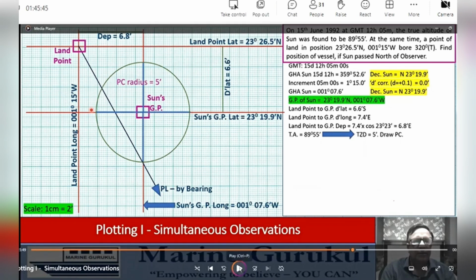Yes, understood. Thank you. Sir, I still don't understand. Passed north of observer, how do we locate, sir? Can you please explain? Okay, try to listen, beta. I'm showing you here.